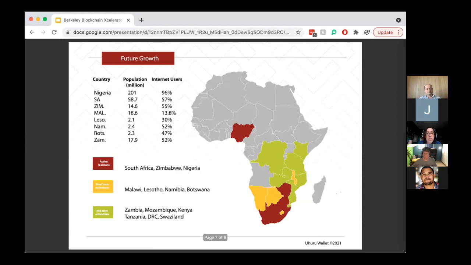It's generally Nigeria and South Africa. Most of the foreigners are centered around those two countries, but South Africa is leading in terms of the number of foreigners. And internet usage and the number of people with access to mobile phones in Africa is increasing significantly. That's where we're looking to expand to multiple other countries.